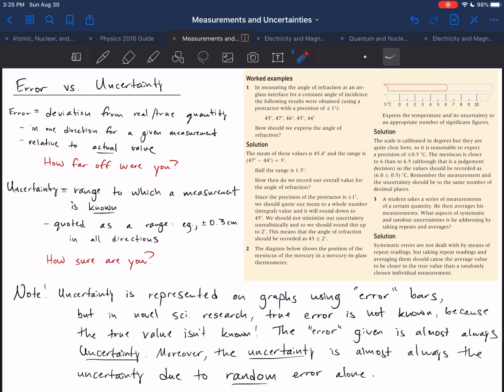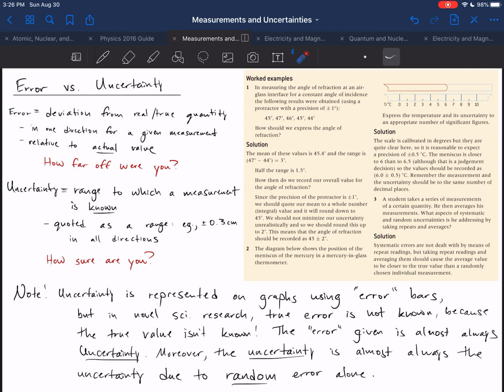So we give an uncertainty that represents our knowledge about how far we could theoretically have been off. The best way to do that is to take a whole bunch of measurements, use them to figure out the spread in that data, known as the random error, and use that to give the uncertainty. So we represent the uncertainty using the quantitative measurement of the random error.